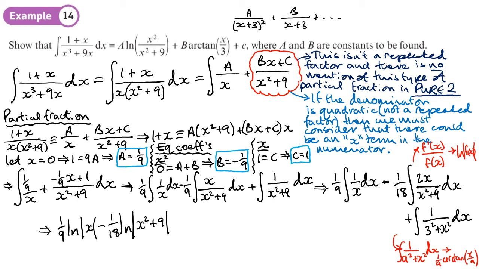So then the last part is going to be plus, and there's no constants here, so it's just going to be plus 1 over a, so that's 1 over 3, 1/3 arctan x over 3 plus c.